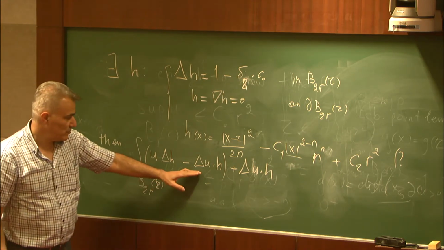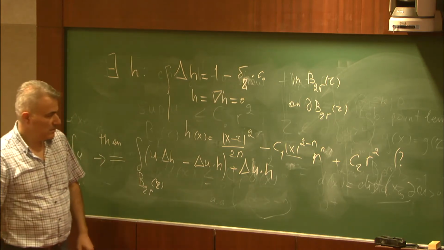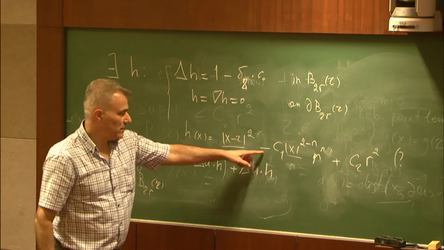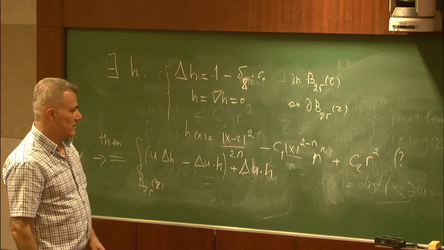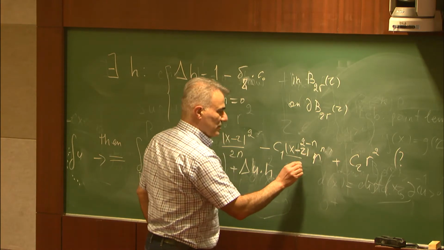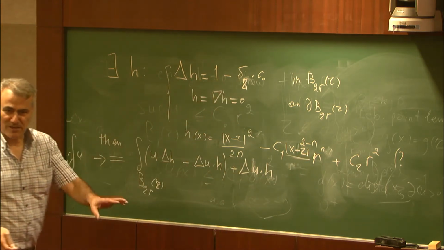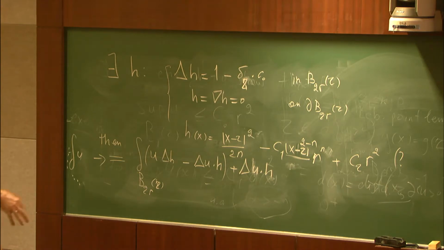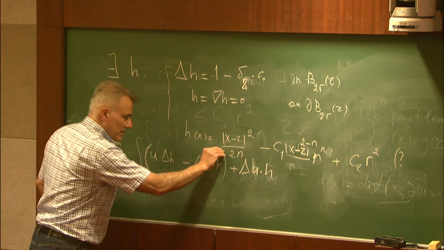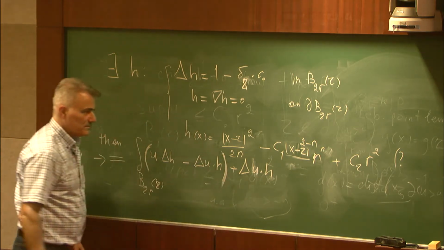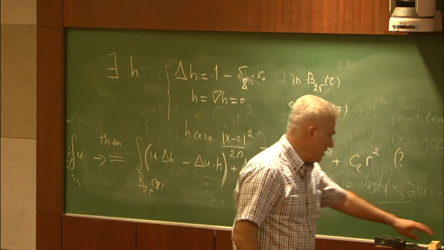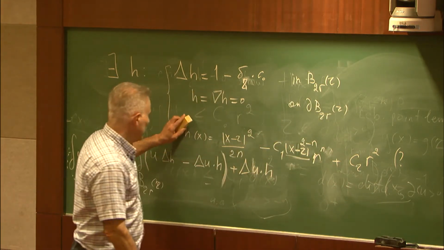Minus Laplacian of u times h. Yes, thank you. Correct. Everything is with center z, squared. So this is what I'm going to get, plus this integral. Let me erase this part so you can see it more clearly.